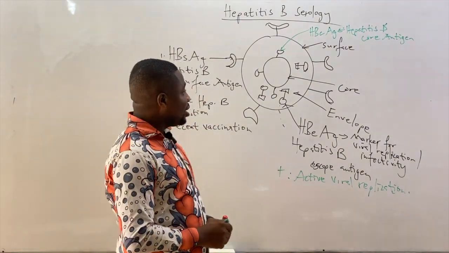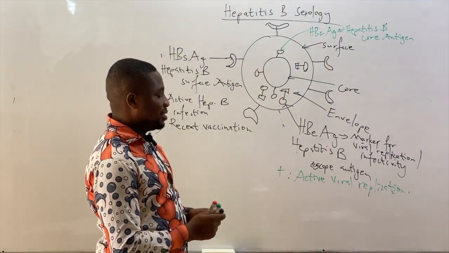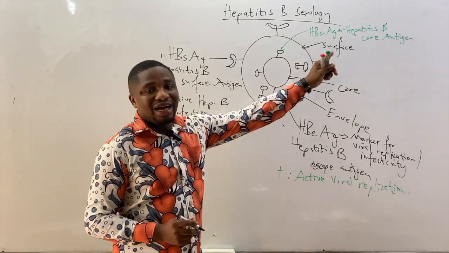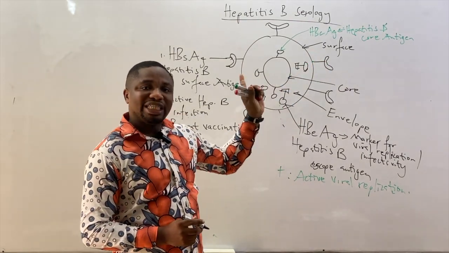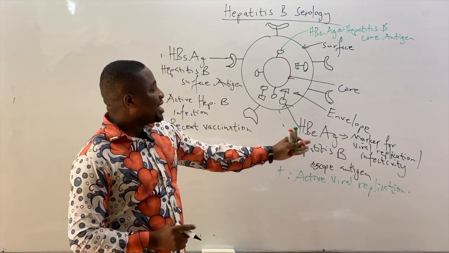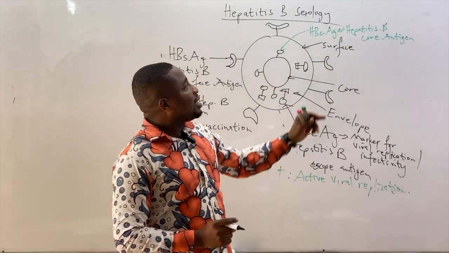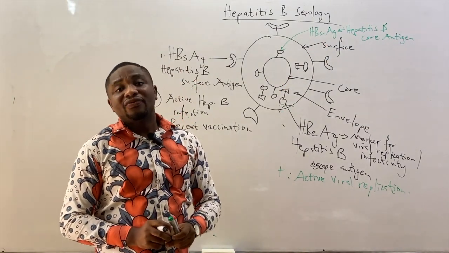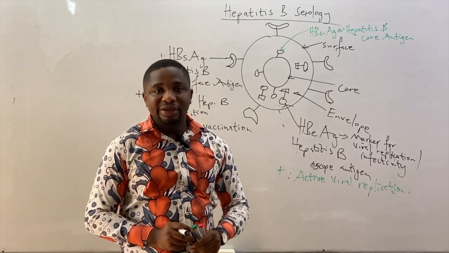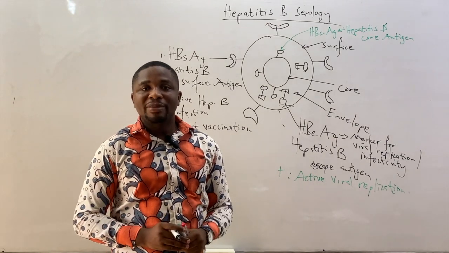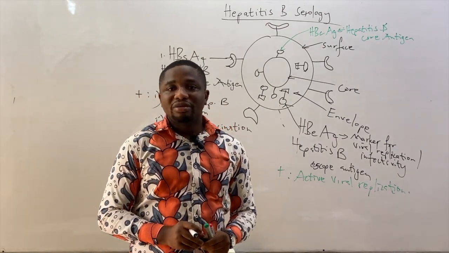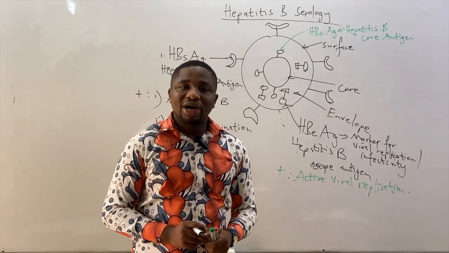All right. Now, for the hepatitis B core antigen, as I already explained, unlike the hepatitis B e antigen, which can escape into the blood, hepatitis B core antigen unfortunately cannot escape into the blood. Hence, should you do a hepatitis B serology, you will not be able to find the hepatitis B core antigen.